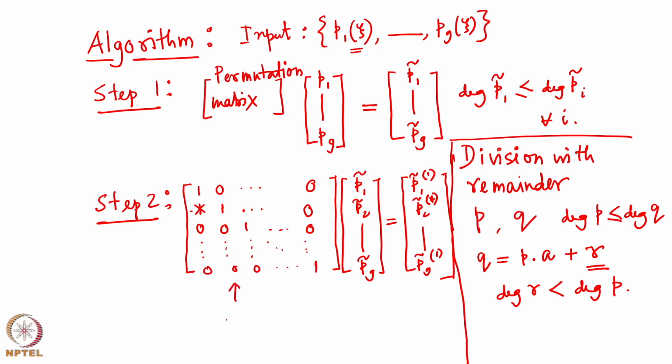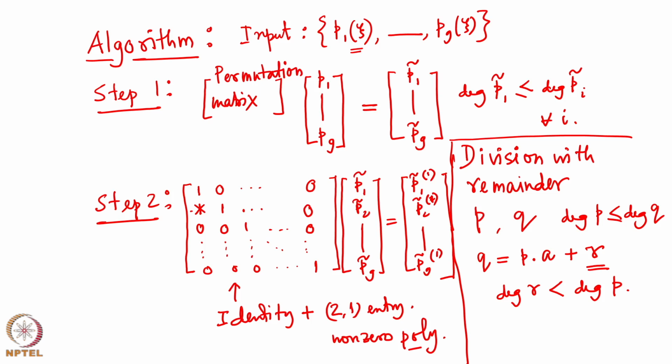This is just an identity matrix perturbed by only one other entry, namely the 2 1 entry, which is a possibly non-zero polynomial. I am sure you can see that this is a unimodular matrix because it is just a lower triangular matrix with ones on the diagonal. The determinant is obviously 1.